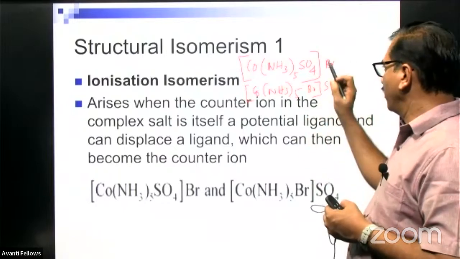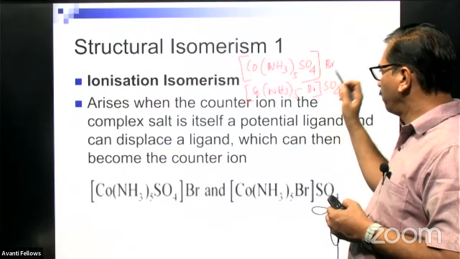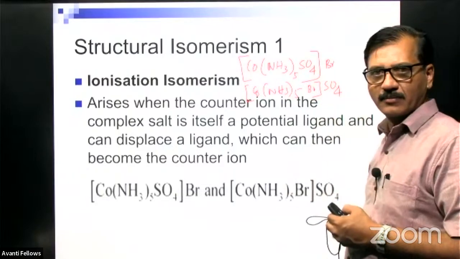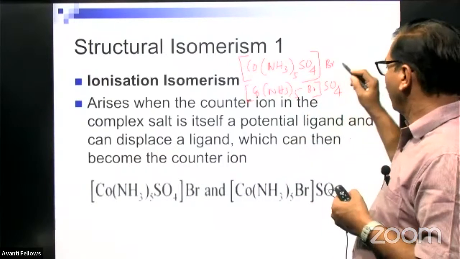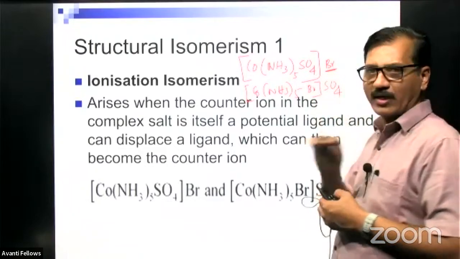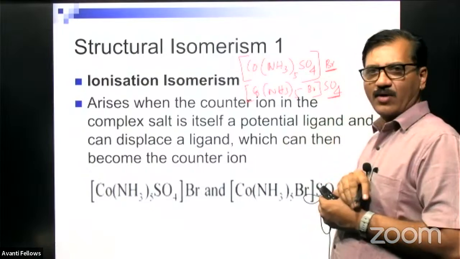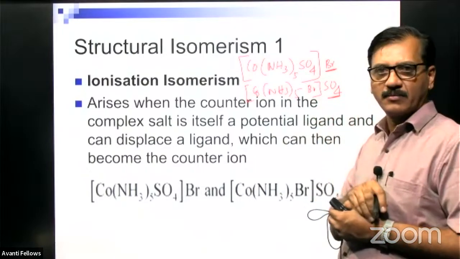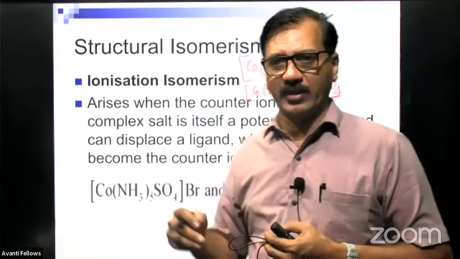But the difference is that sulfate is a ligand in one and bromine is a counter ion, and these are exchanged. So if bromine is outside, it is ionizable and sulfate is not; in the other, sulfate is ionizable but not the Br. These can be chemically tested.